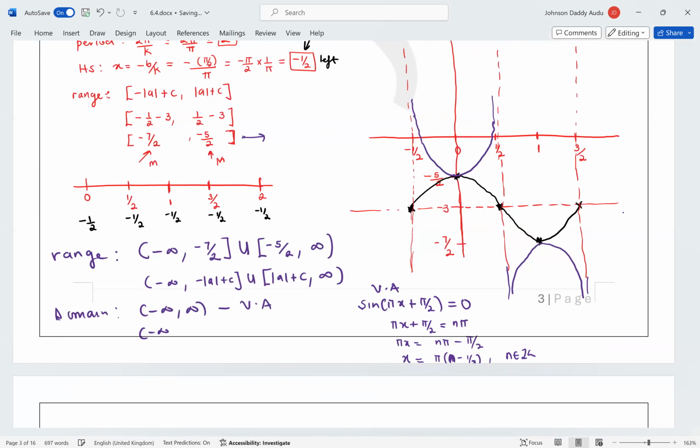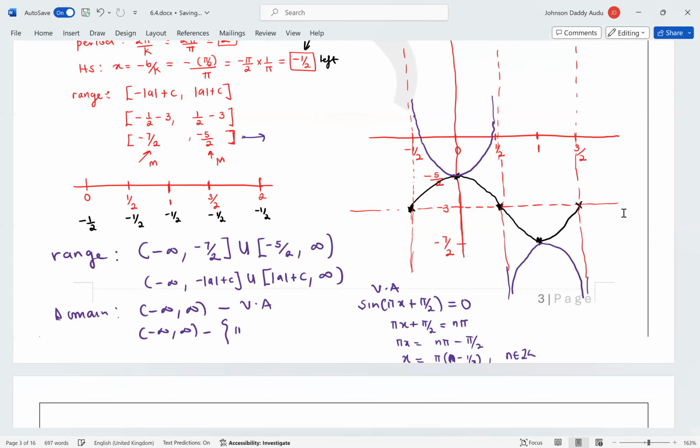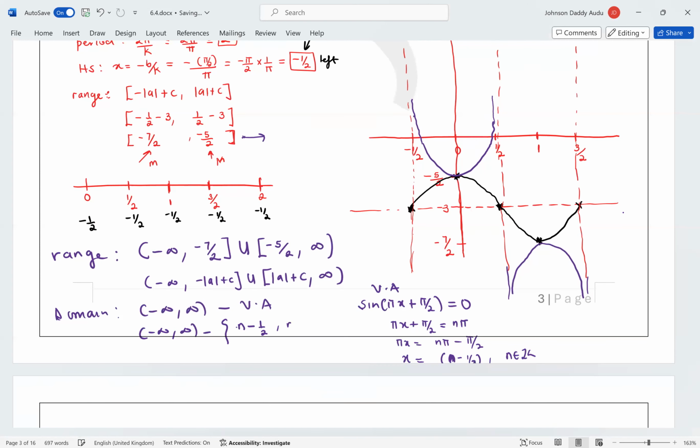So this is just going to be minus infinity, you can just write it as, pi can go. So once you remove the pi, you just have n minus half, where n is any integer. This will give you all the possible vertical asymptotes.